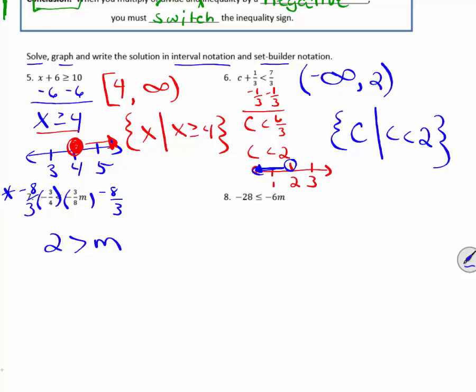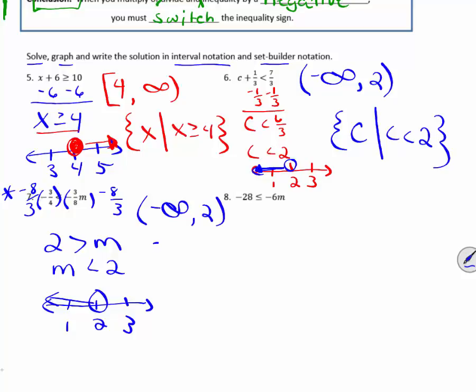I'm going to switch this so that my variable's on the left, which means it's really m is less than 2, which is going to look exactly like what we had over here. So 1, 2, 3, open circle, going left, interval notation, negative infinity to 2, and set builder m such that m is less than 2.